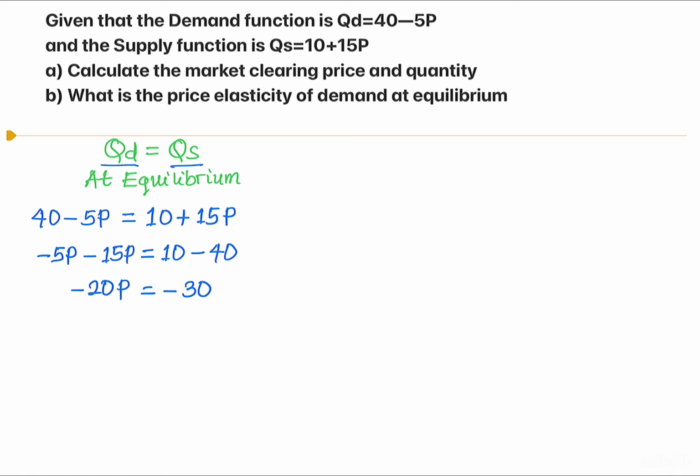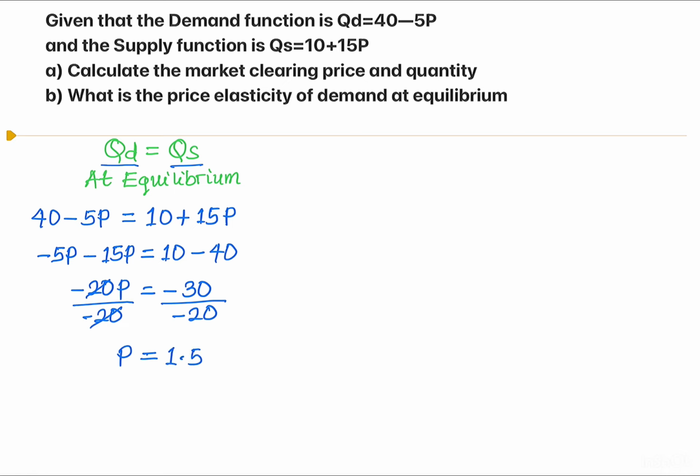When we reach this point, we divide both sides by the coefficient of the price. That means we divide both sides by the number beside p, which is negative 20. So negative 20p divided by negative 20, negative 30 divided by negative 20. So 20 cancels 20. We are left with p on the left side, and that's equal to negative divided by negative, that's positive, 30 divided by 20, that's 1.5.